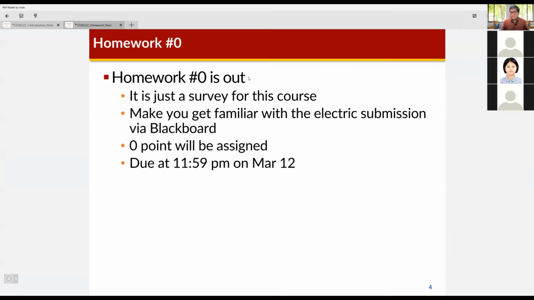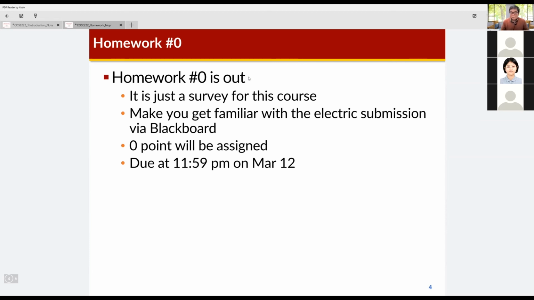I posted homework number 0. It's not a serious homework. It's just a survey for this course, and zero points are assigned to this homework. So even if you don't submit this homework assignment number 0, you will not have any penalties, since the points assigned for this homework are 0.